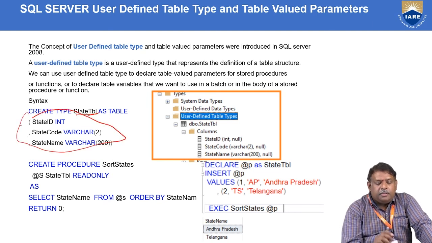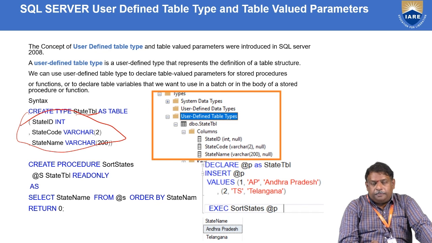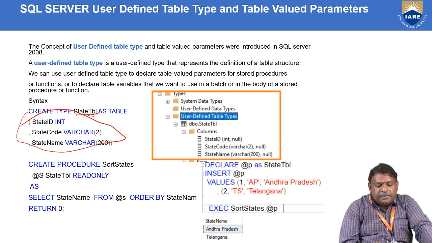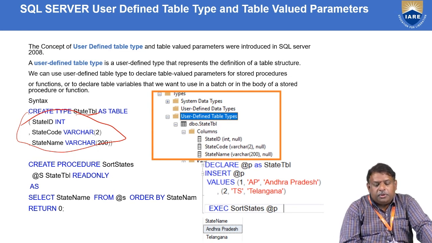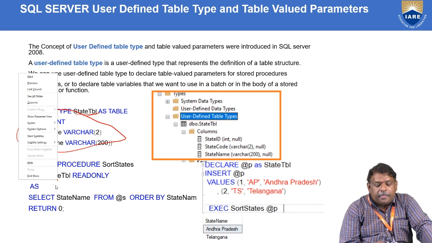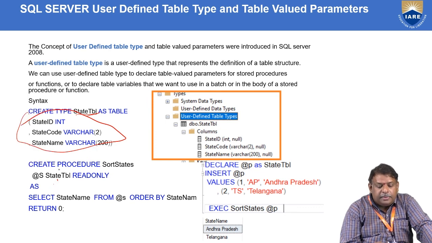Okay. Now after creating this table type, you see here under user-defined table types, your table type state table is created, having 3 columns. Now you create a procedure taking this as a parameter: state table as it.